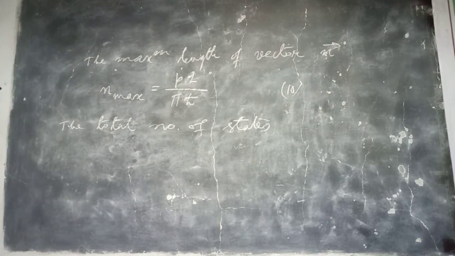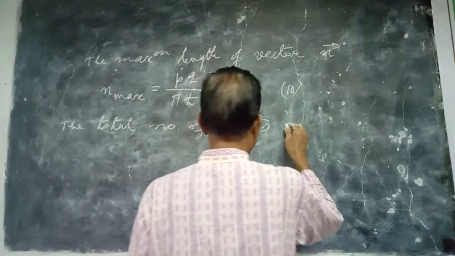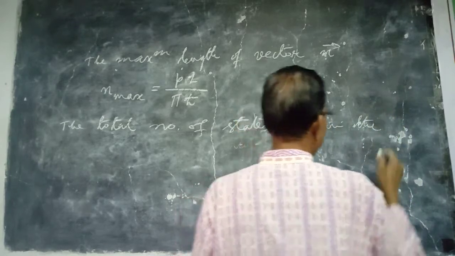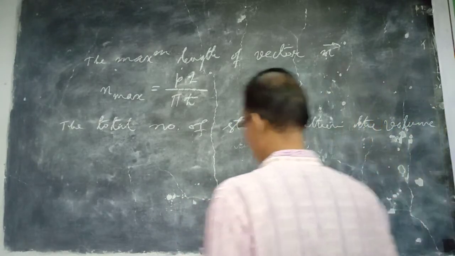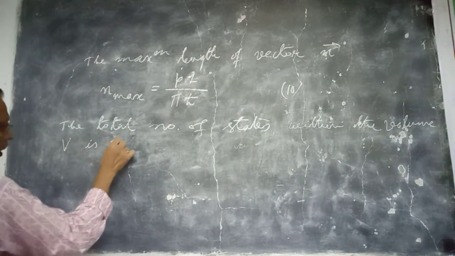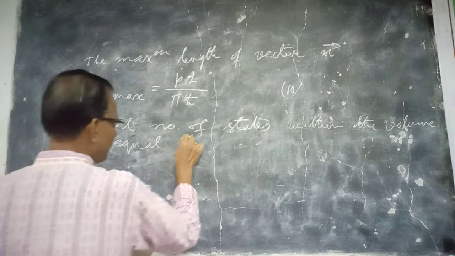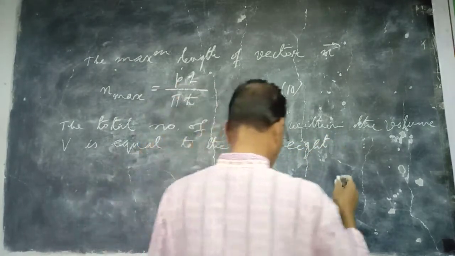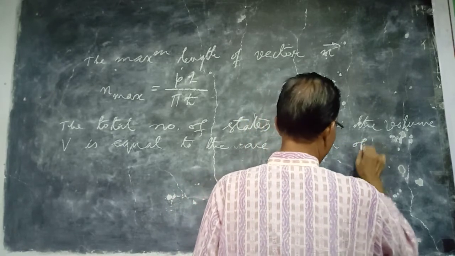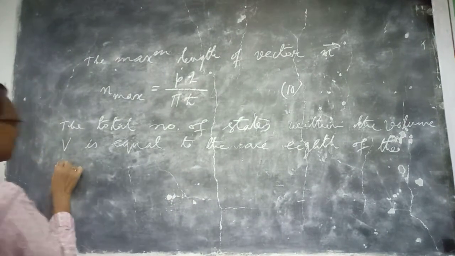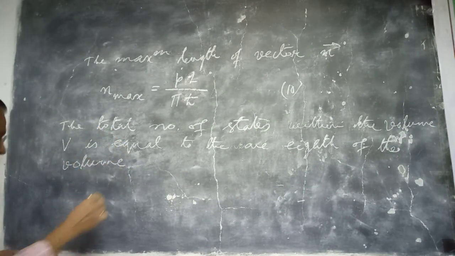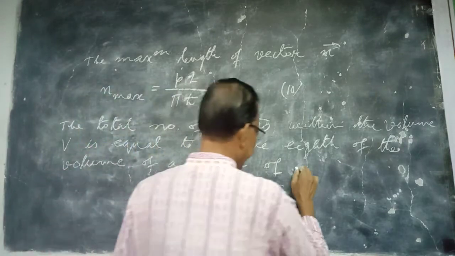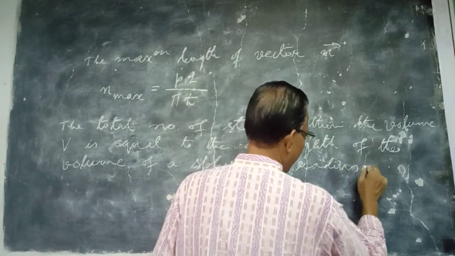To calculate that, the total number of electron states within the volume V is equal to 1/8 of the volume of a sphere of radius n max.